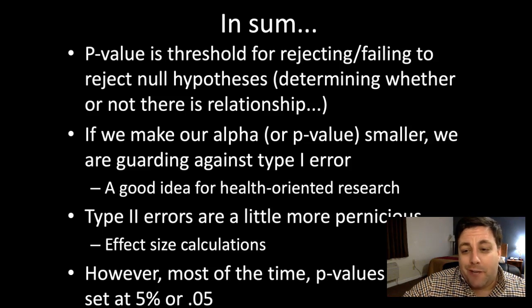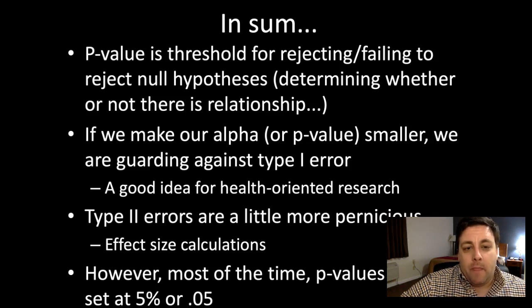Believe it or not, this whole idea of setting p at 0.05 was something that someone just pulled out of thin air. It was actually a statistician who was working about 75 years ago. He just sort of picked 0.05, and it's something that sort of stuck.